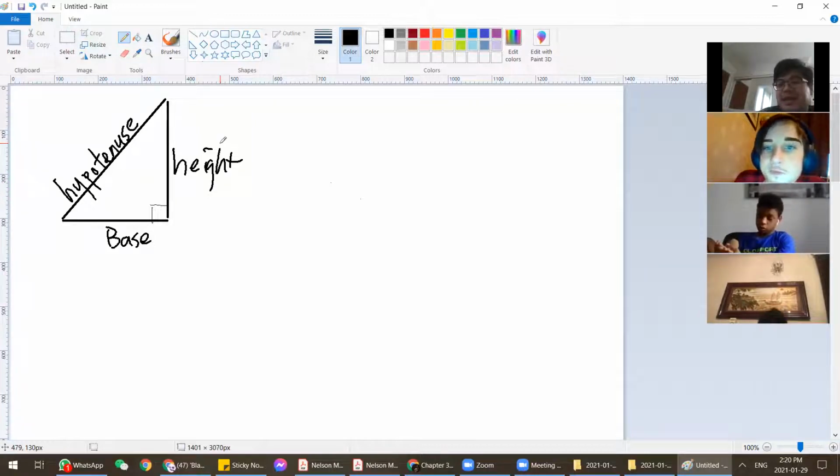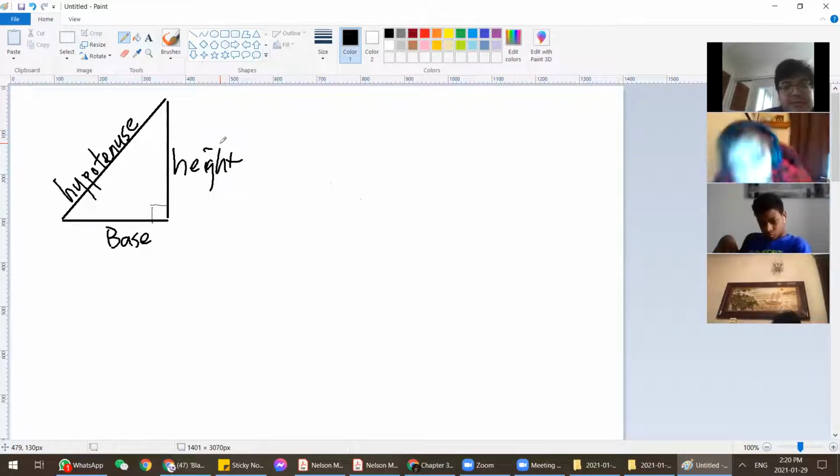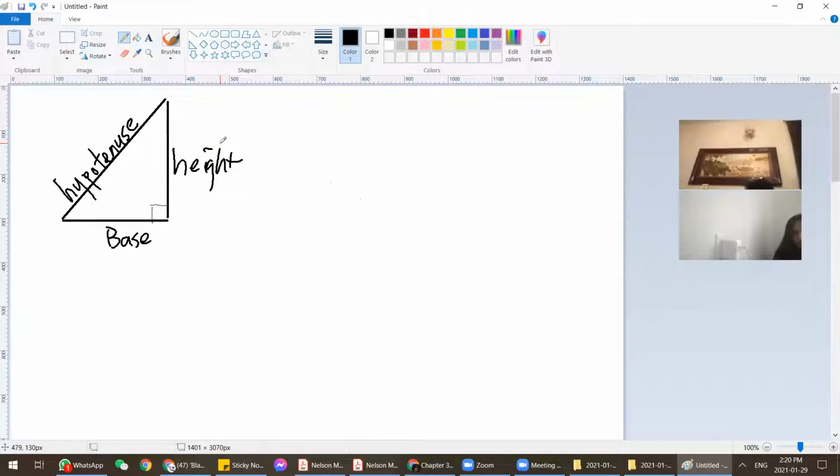So what's the relationship, guys? Can somebody tell me the relationship? Anyone? Pythagorean theorem? The relationship is, I believe, the Pythagorean theorem: a squared plus b squared equals c squared.